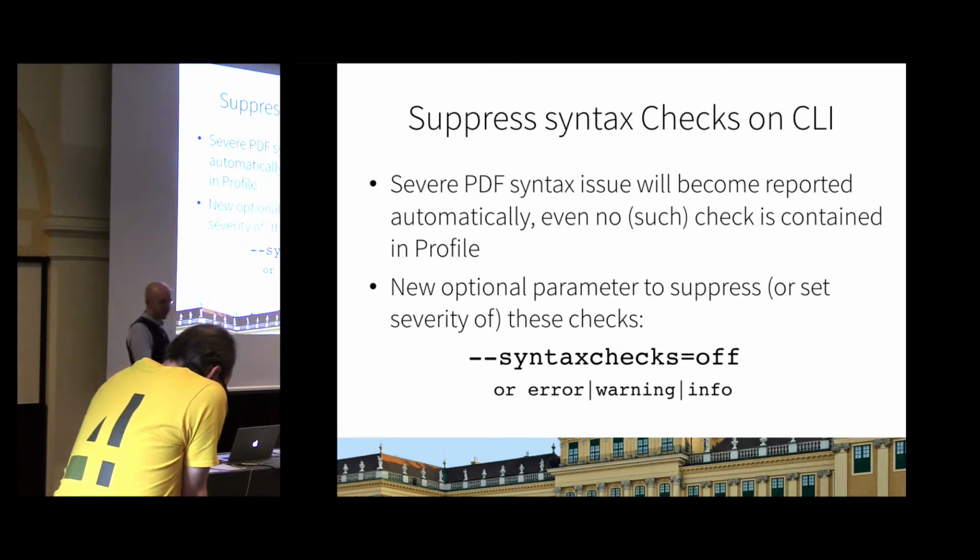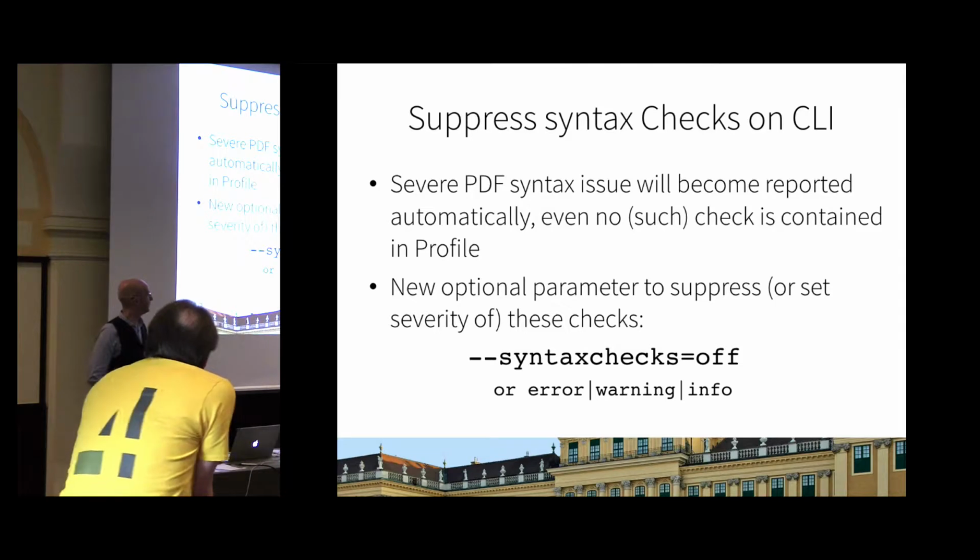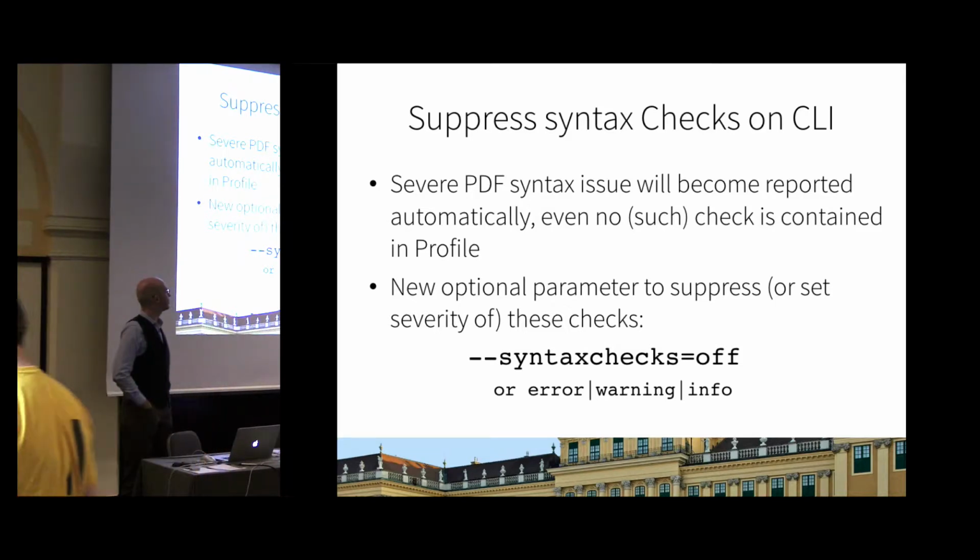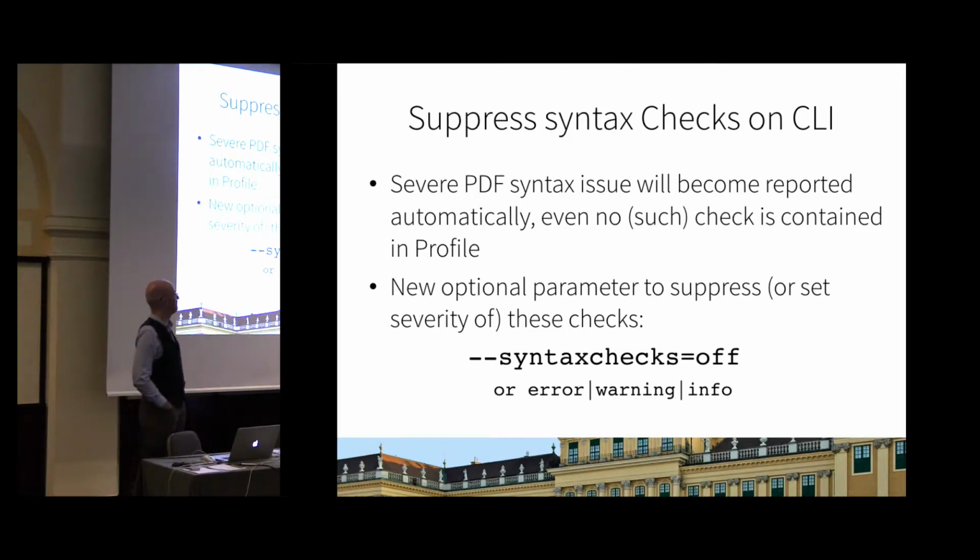Suppress syntax checks. We are always running some kind of checks for big, ugly, corrupt file syntax with every execution. That's always the case when you see some hits which you don't have in your profile.